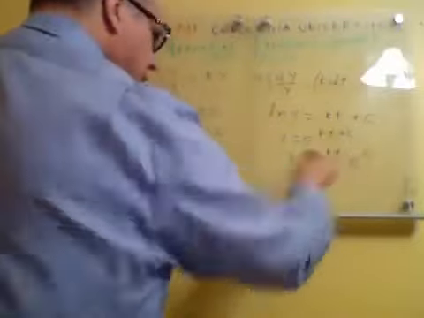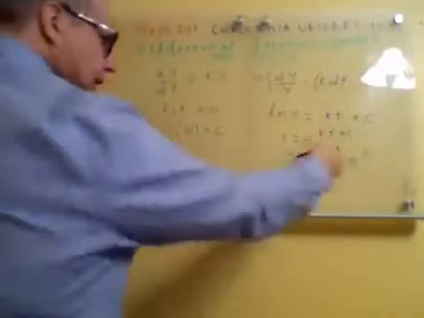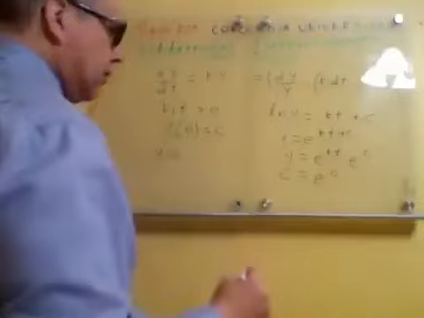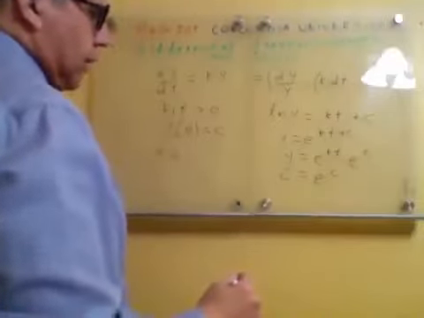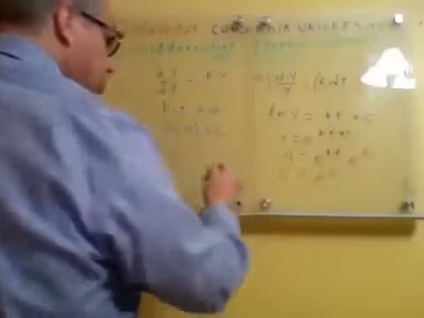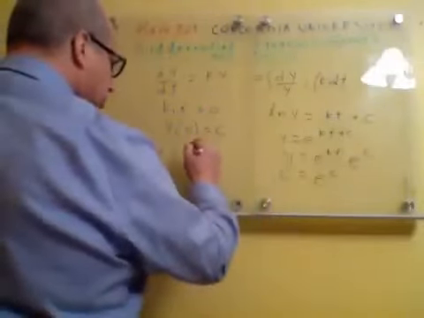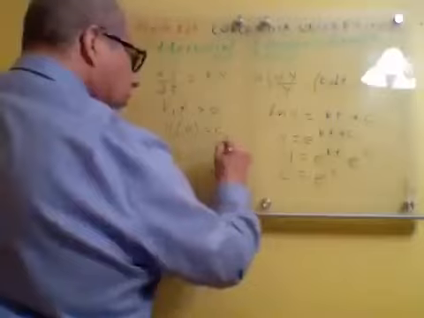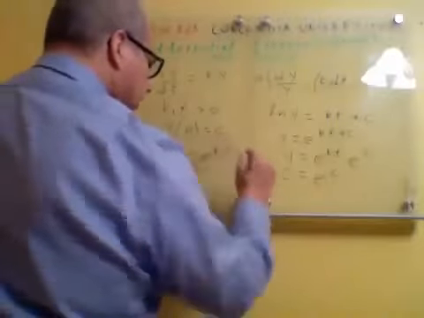So now if you substitute back here e to the c equal with c, your equation becomes c e to the kt.